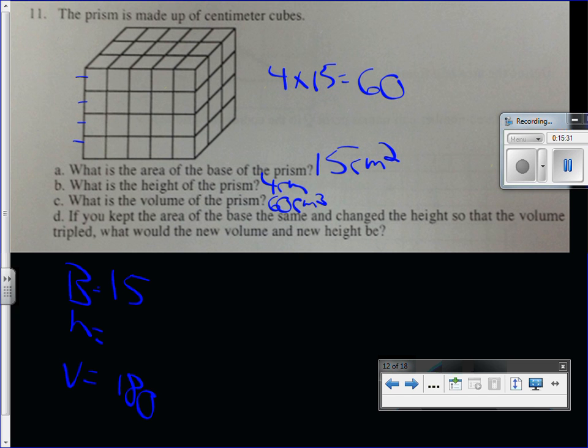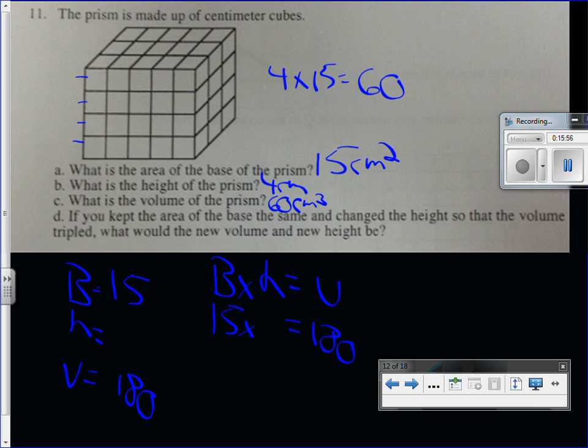So my height, 15 times what number equals 180? That's what we have to figure out. Do you guys understand that? They want to go base times height equals volume. Well, if we know the big B, which is 15, and I know my volume, which is 180, 15 times what? Well, let's say if we tripled the height. What's 15 times 12?